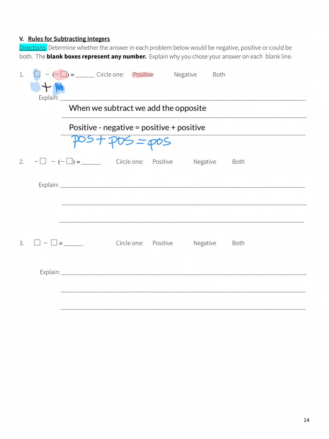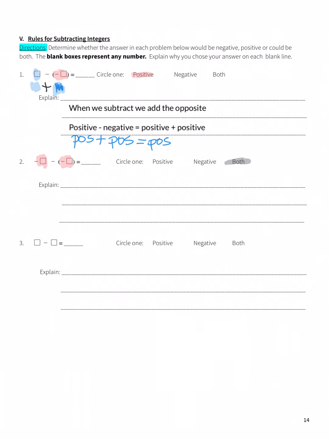Here, if we have any negative number out there in the universe and we subtract any other negative number, is our answer going to be positive, negative, or both? Sit and think on it. And hopefully you came up with both. It could be either. And why is that?